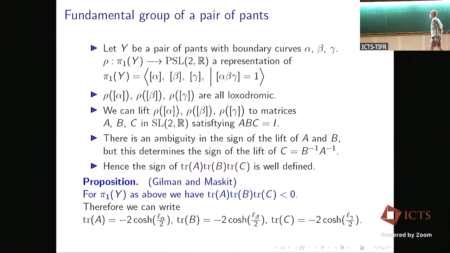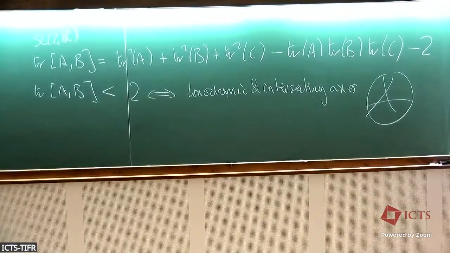So I get the three axes, they sort of form a triangle like that.